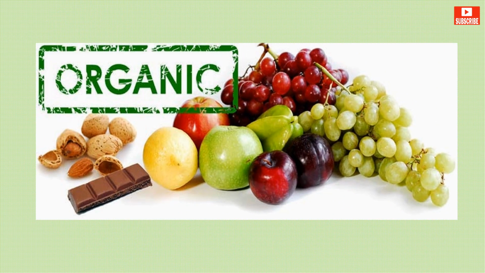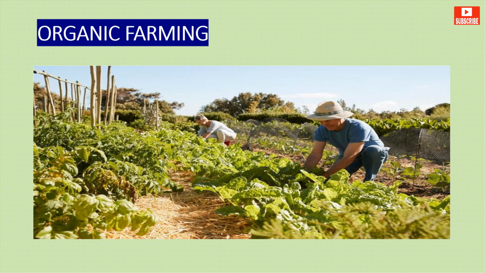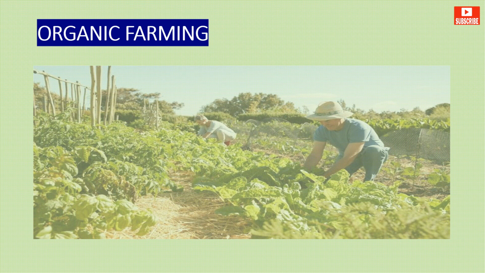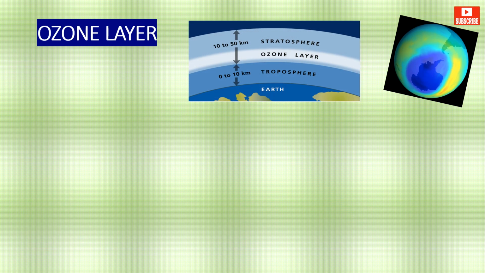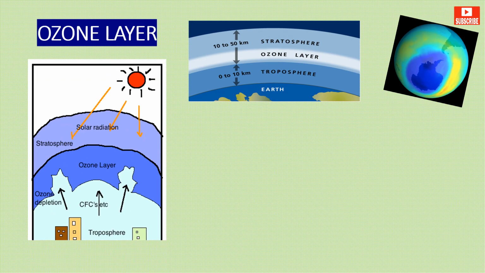These are all the fruits and vegetables that come under organic. Organic farming is producing crops without the use of any chemical pesticides or herbicides. Ozone layer is the lower part of the atmosphere which contains a high level of ozone that absorbs the majority of the sun's ultraviolet rays.